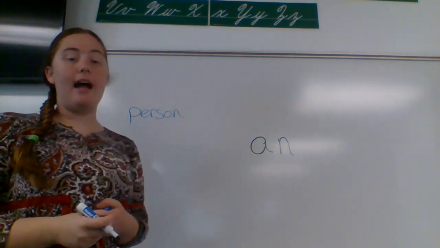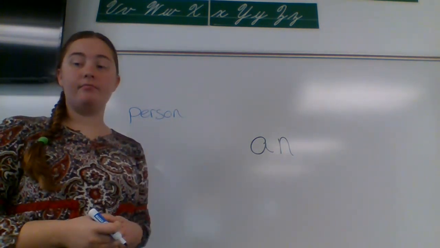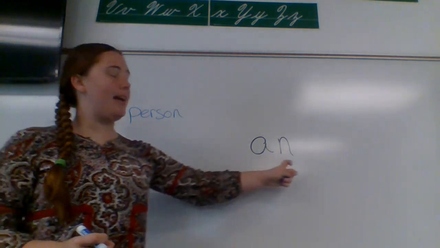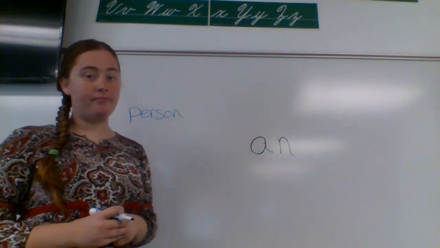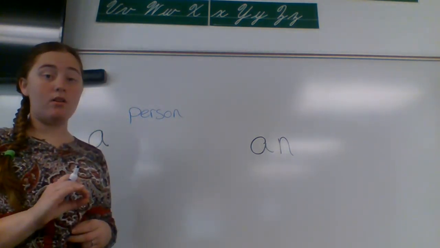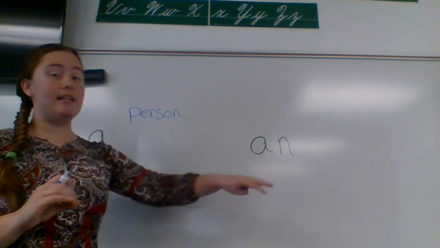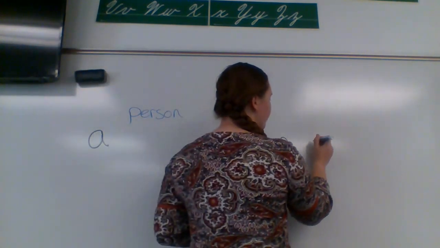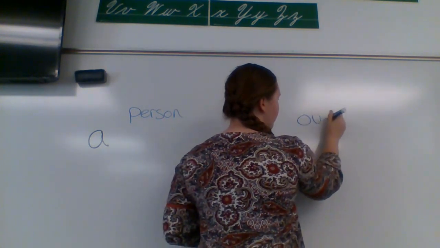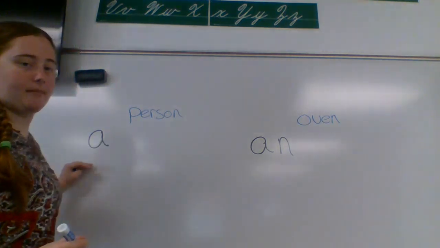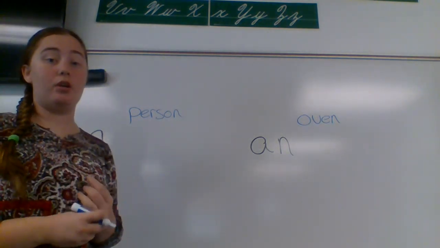What if I have the word oven? Am I going to say a oven or an oven? Right, oven starts with an O, so it needs the word an in front of it. An oven, a person.